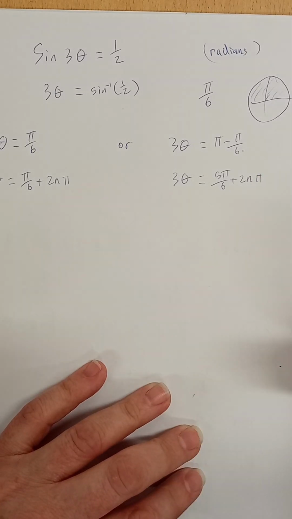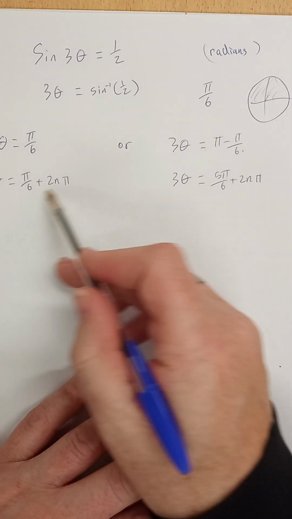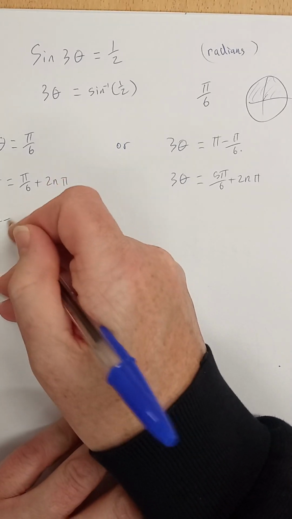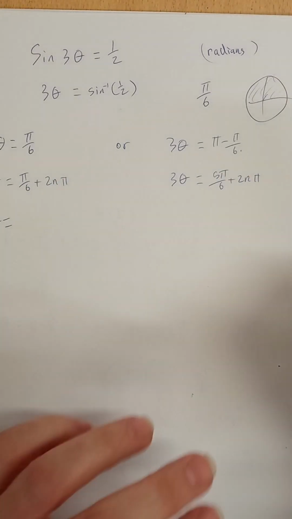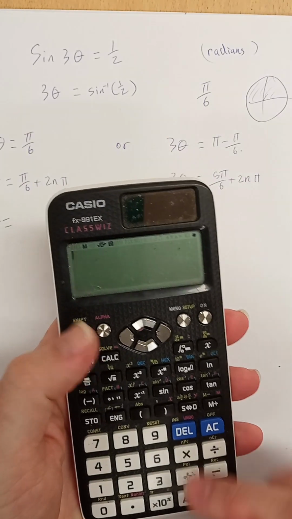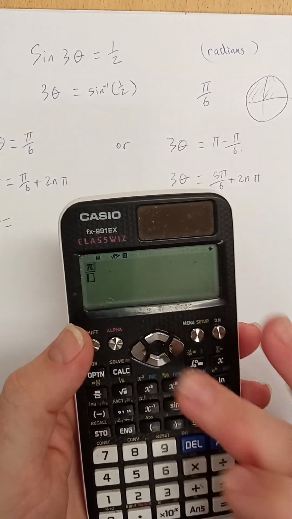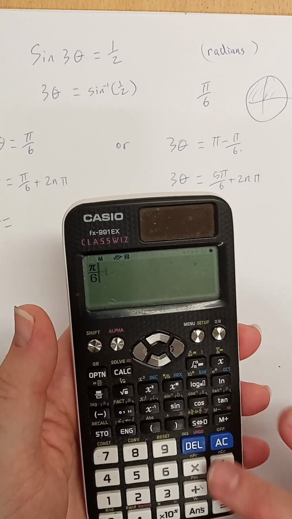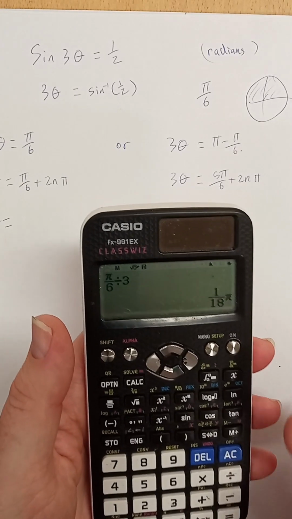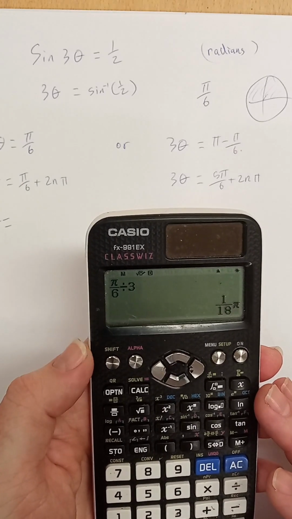Now let's work out theta. So we're going to divide across by 3. So when I divide pi over 6 by 3, I just use my calculator because I want to be sure I'm right here. Pi over 6 divided by 3 is pi over 18.